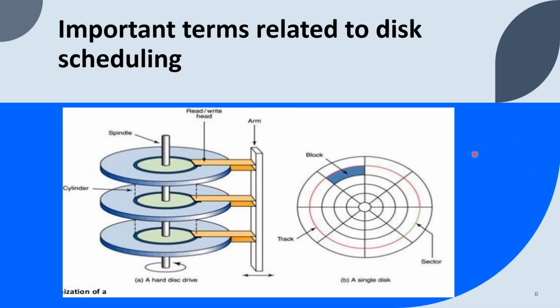We can understand these three terms with the help of this diagram. For example, a data is here and one more data is inserted in this block. So the time taken by the head to move from this block to this block is called seek time.